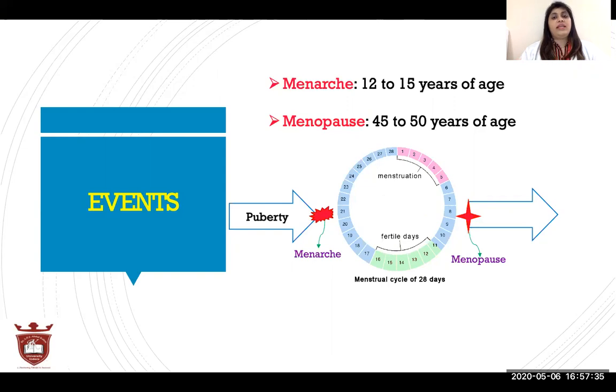Before menarche, at the age of 9 to 12 years, some hormones secrete from the pituitary. Which hormones? LH and FSH. They secrete from the pituitary for a monthly regular cycle.